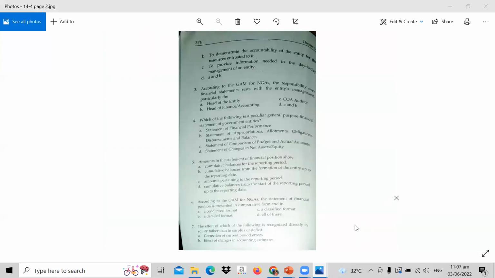And also, of course, it is to demonstrate the accountability of the entity for the resources entrusted to it. So our answer is A and B. Those are the objectives of a general purpose financial statement.